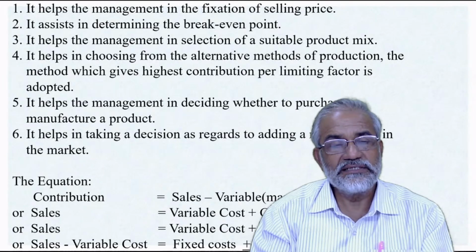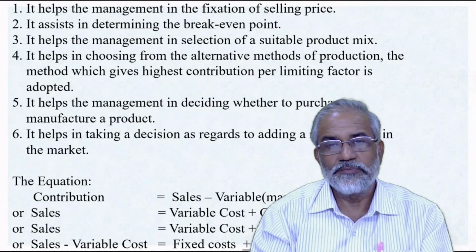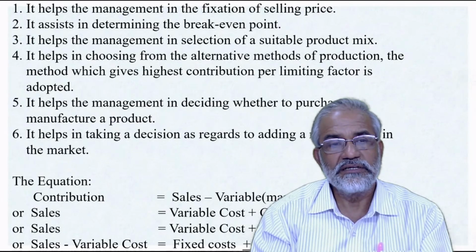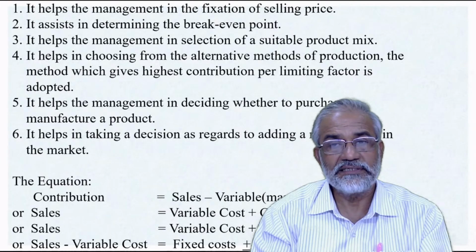The next advantage in the hands of the management is it helps in choosing from the alternative methods of production; the method which gives the highest contribution for the limiting factor is adopted.